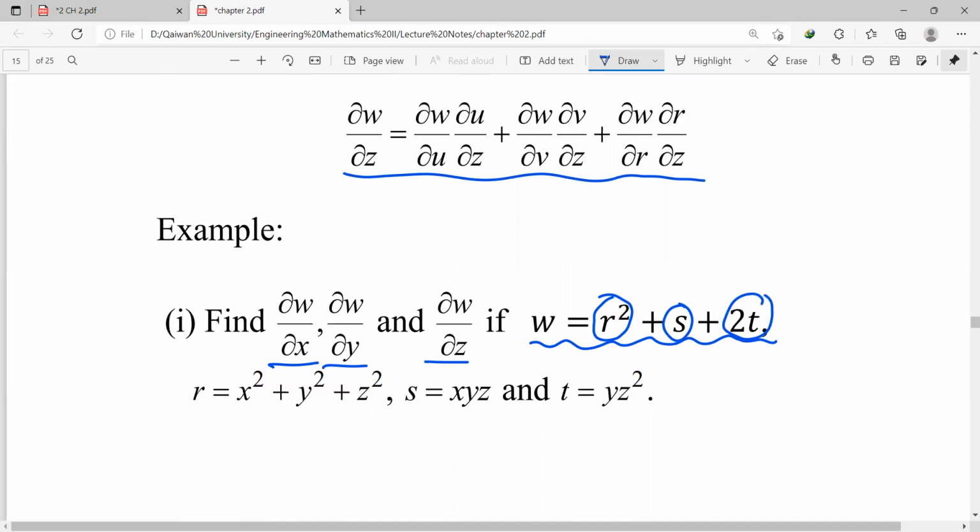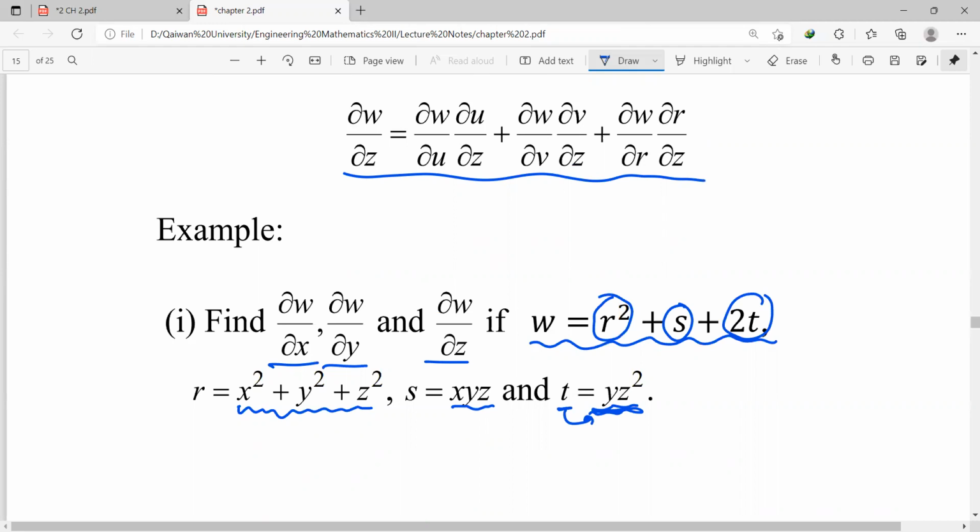Then r is x squared plus y squared plus z squared. S is x, y, z. T is x, y, x, z, y, z. These are functions of x, y, and z. Even where we have only y and z, we don't care about it. The derivative of t with respect to x is 0 because we have no x in it.